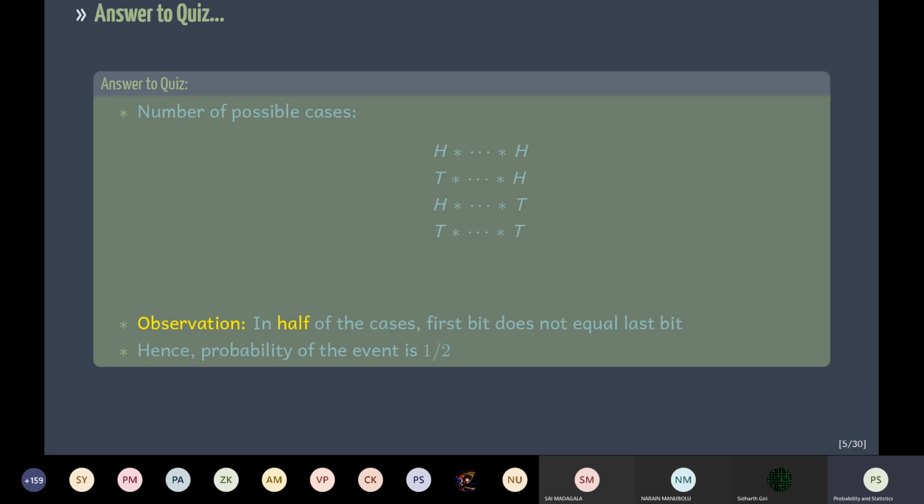Because out of all the 2 to the n outcomes that you have listed here, in half of the cases, which are these and these cases, you have first bit equal to last bit. So if we go by the counting, then 2 and 2 to the n gets cancelled, and then we get half. So the answer should be half.